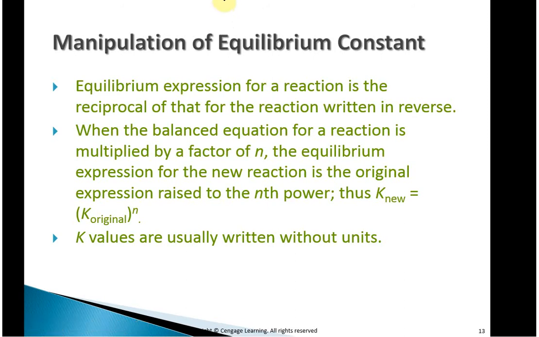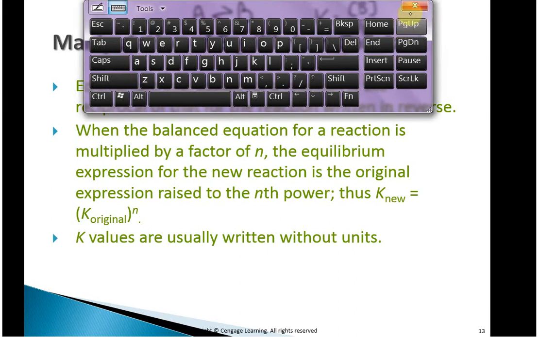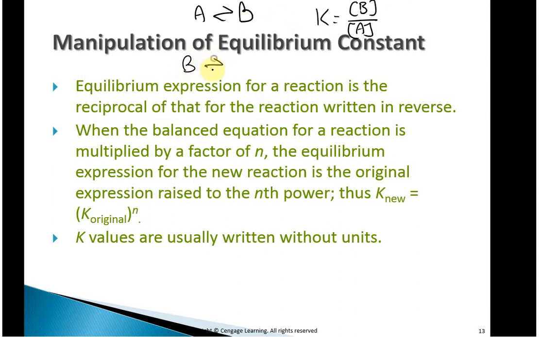If we consider, for example, the reaction A reversibly going to B, the equilibrium constant is K equals the concentration of B over the concentration of A. If we consider the opposite, B going to A, K here is going to be A over B, because now my product is A and my reactant is B. Considering the reverse reaction, these are just reciprocals. Reciprocal means you're going in the reverse direction.